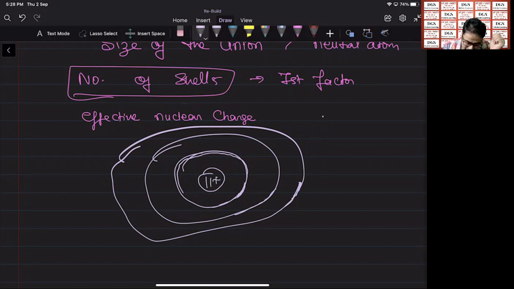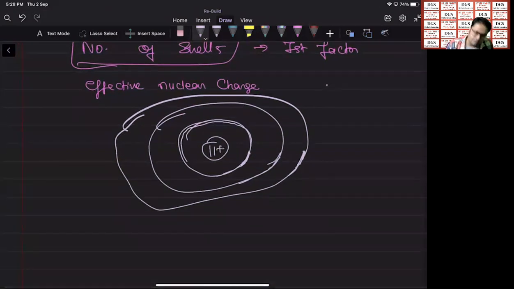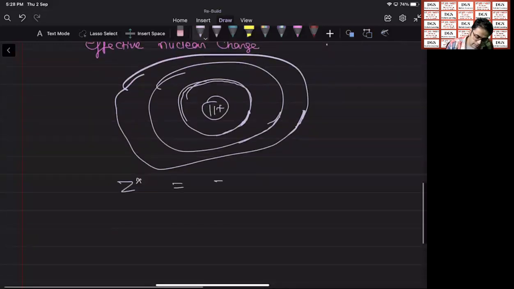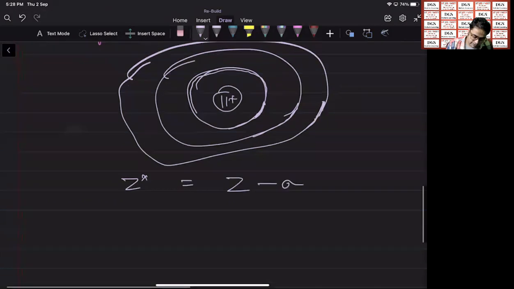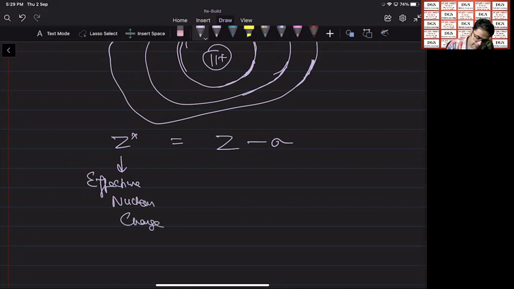No, because the shells in between will definitely decrease that amount. So this effective nuclear charge may be represented as Z star, where Z is my atomic number, or the nuclear charge.